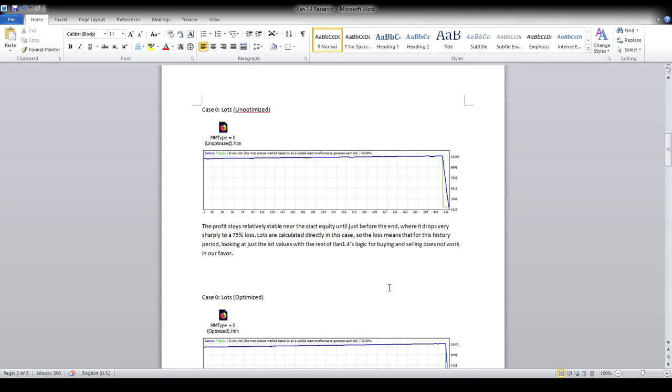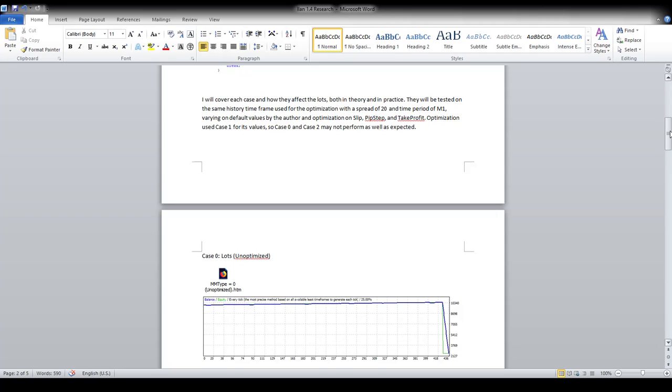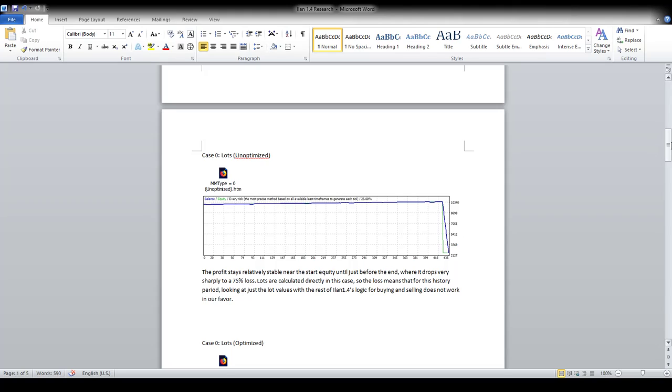Now case 0, where we're using the lots and it is unoptimized, meaning we have the basic slip, pip step, and take profit as the default inputs set by the author.